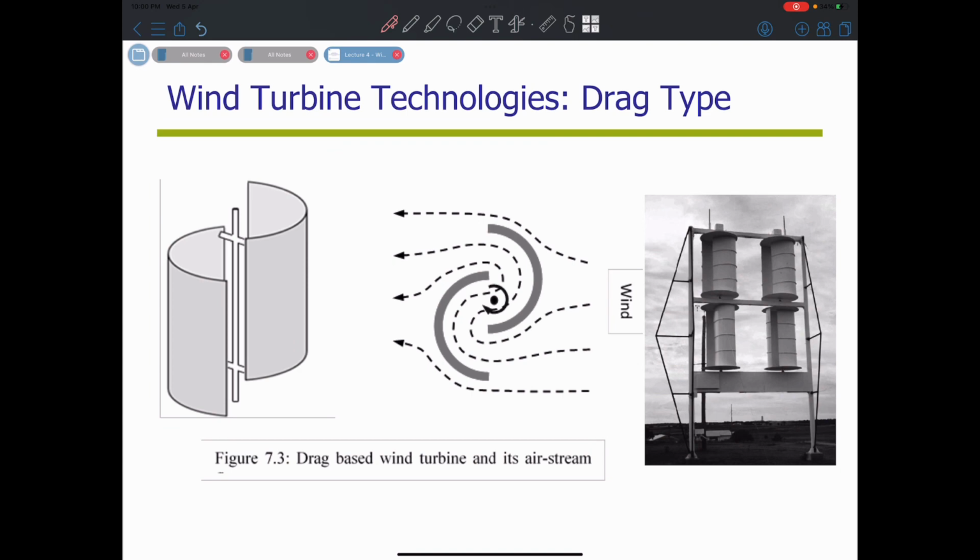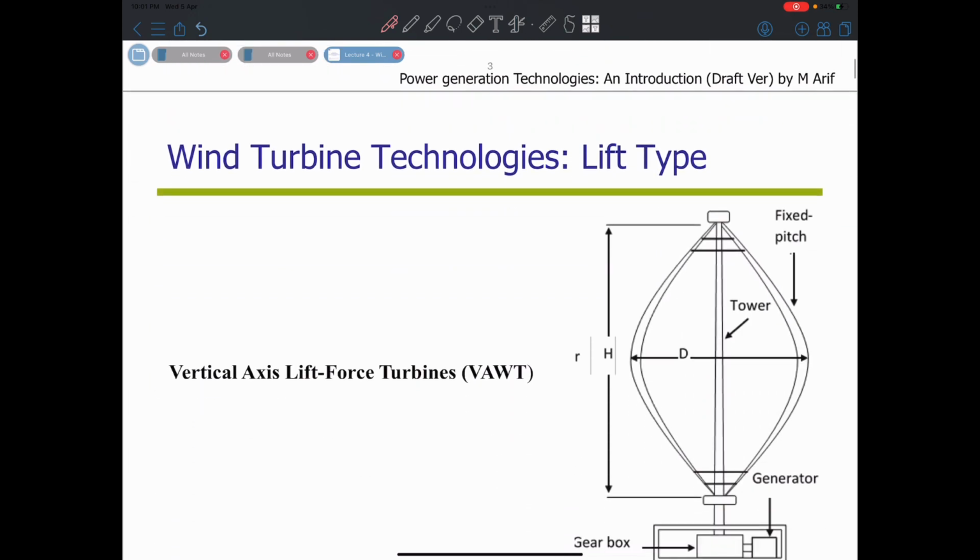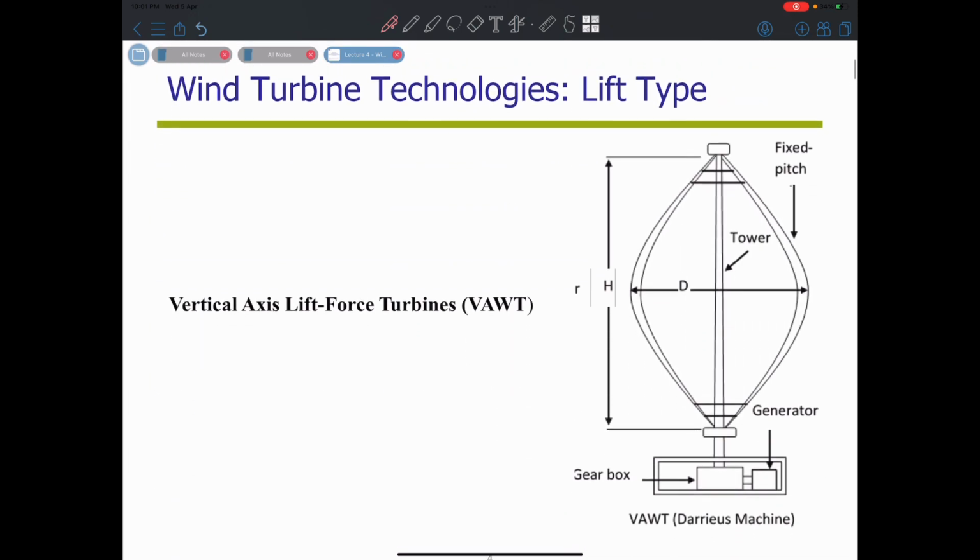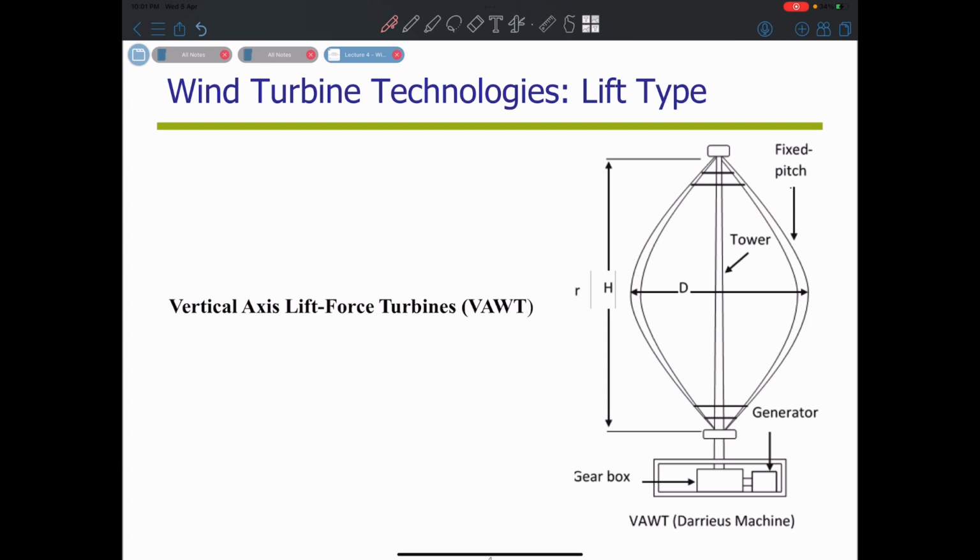There are two types of wind turbine technologies. The first one is the drag type, and the second one is the lift type. So this is a picture of the drag type, as you can see, and this one is the lift type, which is a vertical axis lift force turbine.